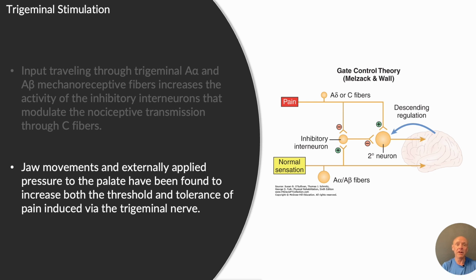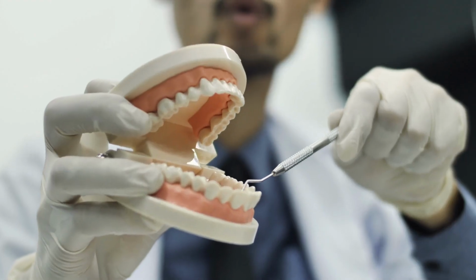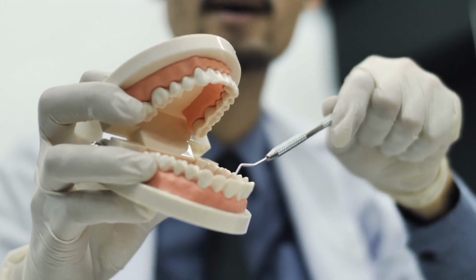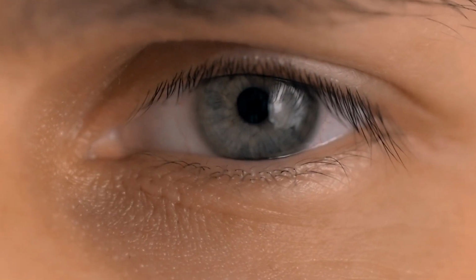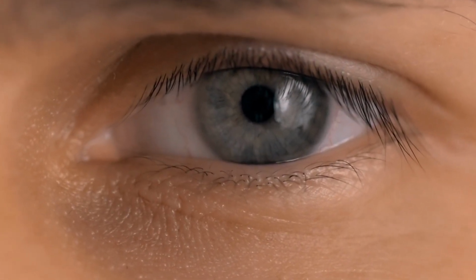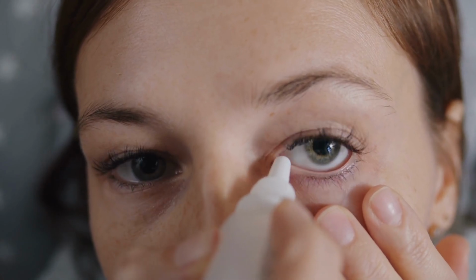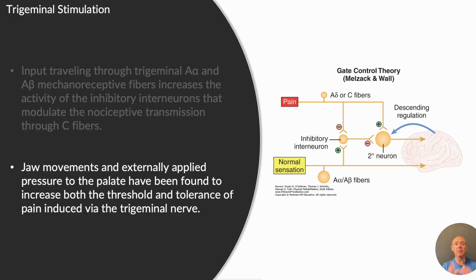The main thing here is that we're going to think about the jaw, the bottom teeth, the upper teeth. We're going to think about our eyes and making sure that we are utilizing dry eye treatments if we need them. We're blinking a lot. We're getting away from screens, because every single irritant to your jaw, to your teeth, to your sinuses, to your eyes, to the skin of your face, to the muscles of your jaw, any irritant, any threat has the potential to get down into those nuclei and participate as a potential migraine trigger.